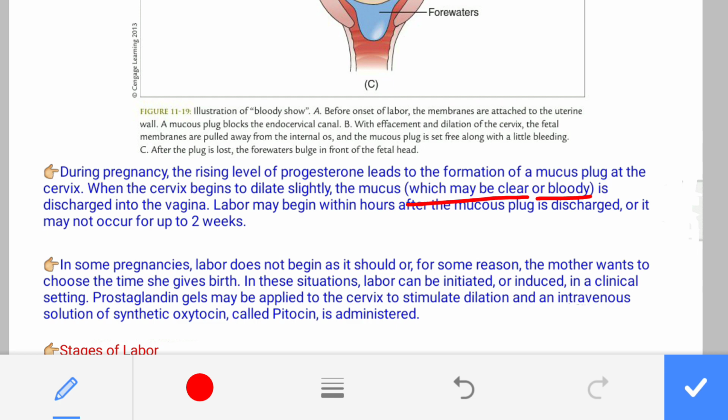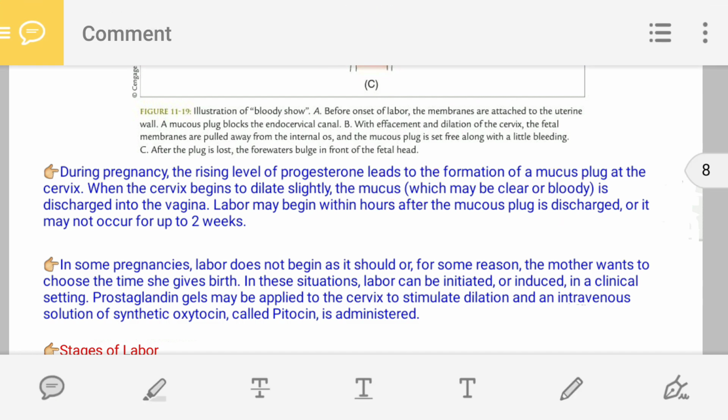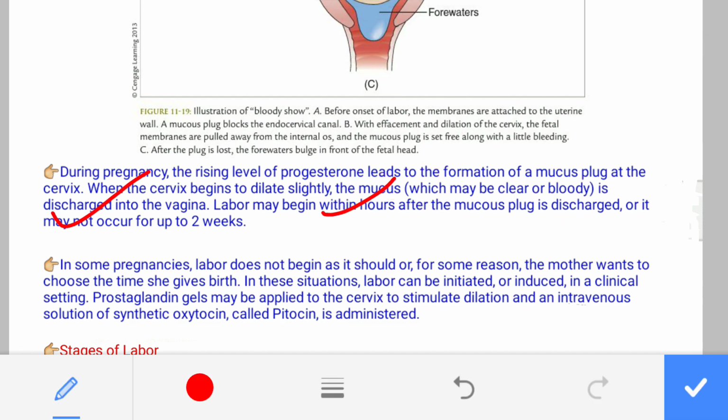When this mucus is discharged, the pregnant woman should realize that the baby's birth time has come, and she is advised to be admitted to the hospital, because it is possible that after a few hours or 1 or 2 weeks she is going to give birth to the child. So this mucus discharge is the sign that in a few hours or in 1 or 2 weeks she is going to deliver the baby. That is the meaning of this point.